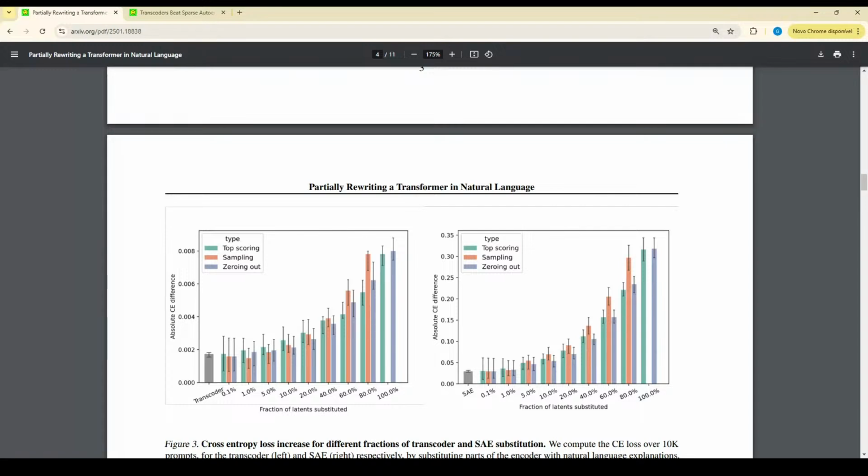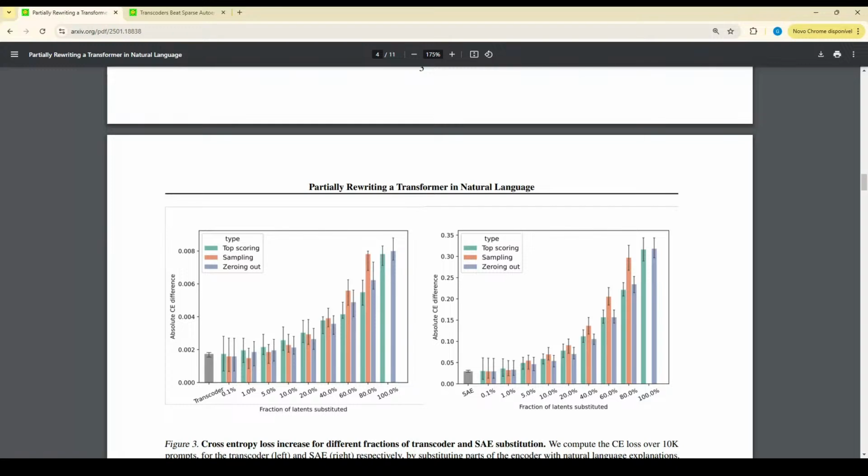So for 10,000 prompts, we have to do this procedure 10,000 times 32,000 latents, which is like, is it 30 million? 300 million? Yeah, it's a big number, and so this process is expensive.